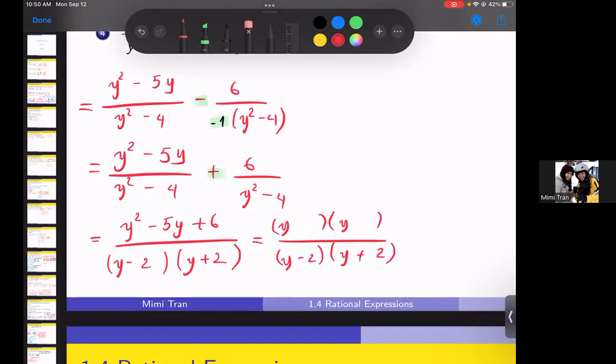Negative 3, negative 2, yeah. So negative 2 times negative 3 is positive 6. Negative 2y, negative 3y is negative 5y. Yeah, you can always double check, right? And now I can simplify that one. y minus 3 over y plus 2.